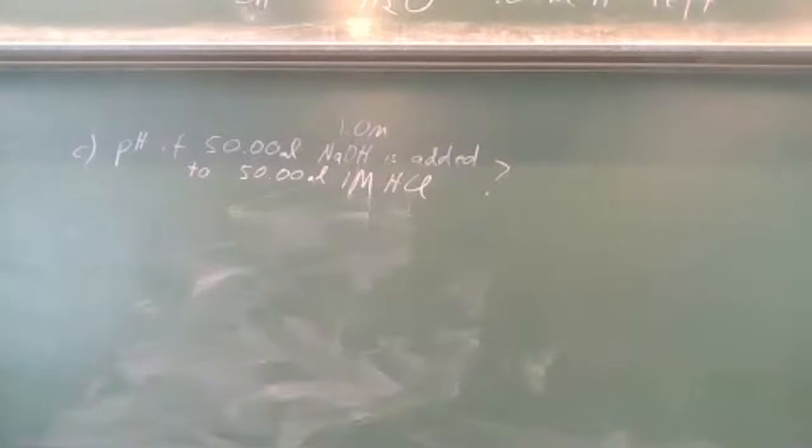I got 50 of the acid, and then I had 50 of the base, and they're both 1 molar. 0? No, 0 would be highly acidic. I think you want another number. 7.